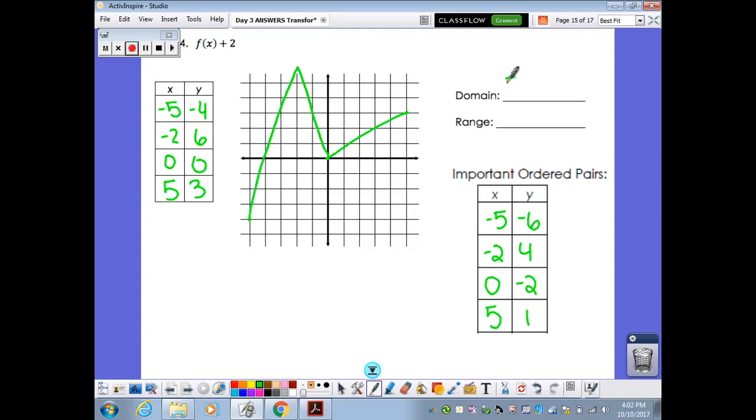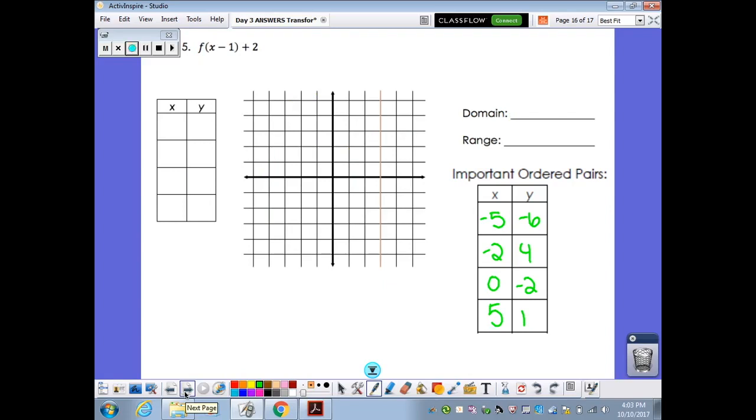Our domain is going to stay the same. Our range now gets shifted up 2. So our range is now from negative 4 to 6. Now let's move on to the next one.